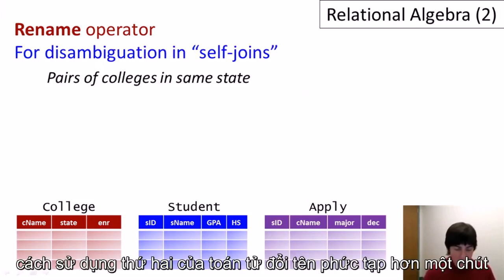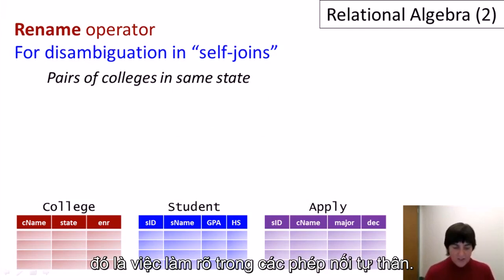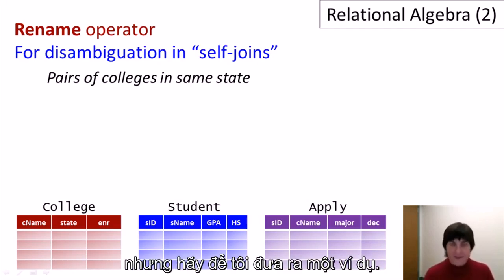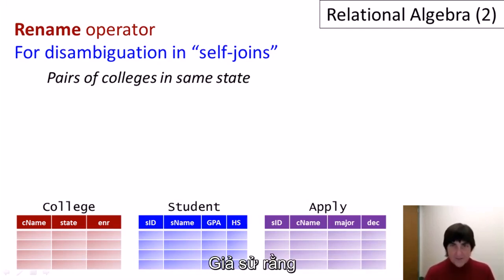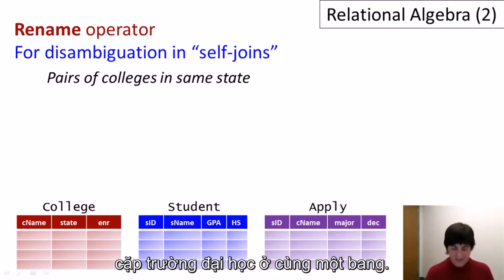Now, the second use of the rename operator is a little more complicated and quite a bit more important, actually, which is disambiguation in self-joins. And you probably have no idea what I'm talking about when I say that, but let me give an example. Let's suppose that we wanted to have a query that finds pairs of colleges in the same state.